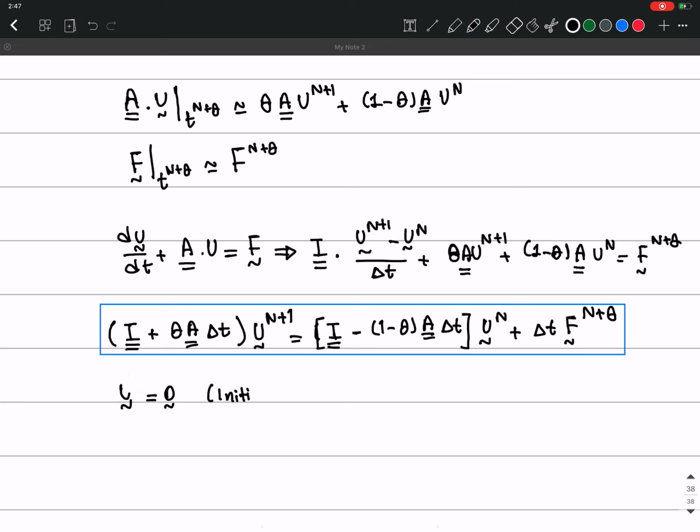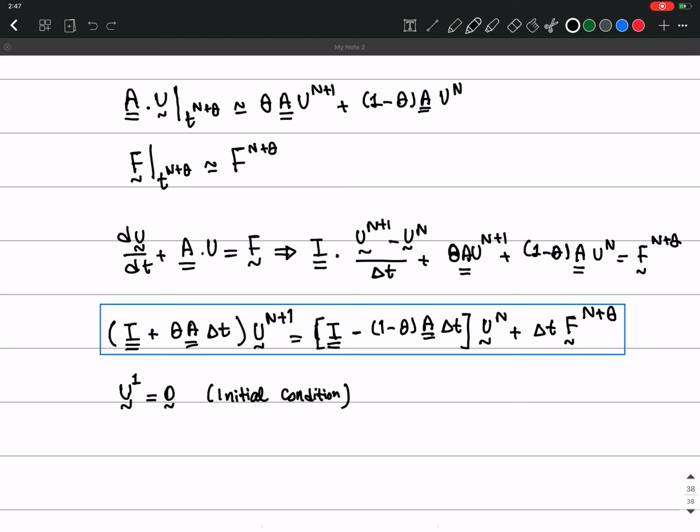So the first step, you are going to set the whole thing to 0. You will have these forcing terms that are not 0, and then you are going to evolve it in time.